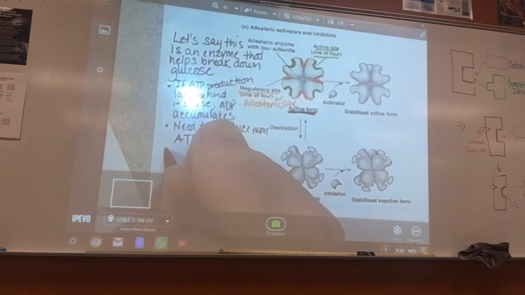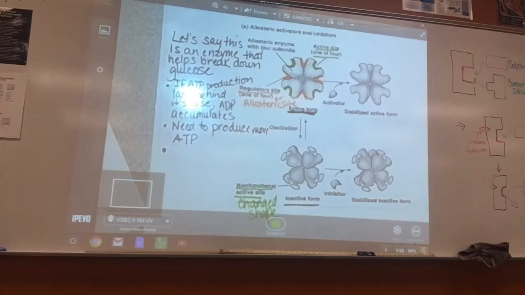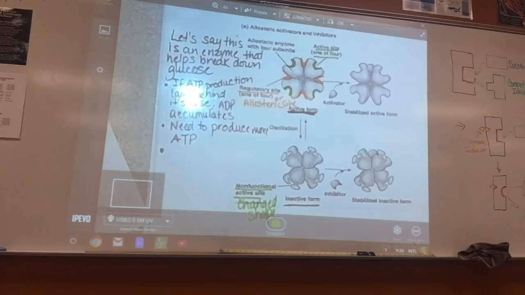And what's going to help produce ATP? What are we going to want to do to produce more ATP? We're going to want to increase what? Cellular respiration. We want to increase the breakdown of glucose, right? Because the breakdown of glucose is what provides the energy there.